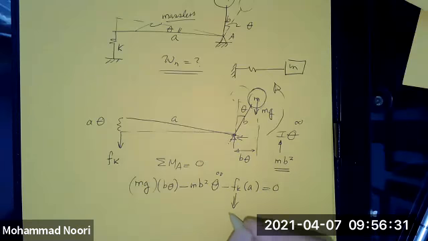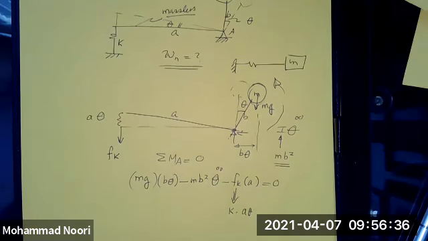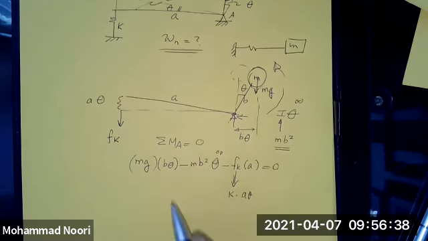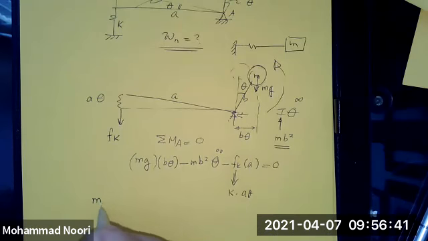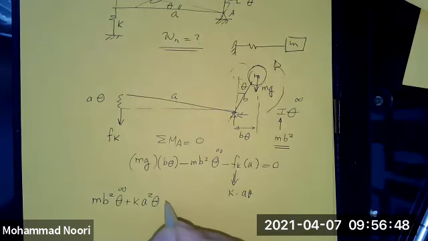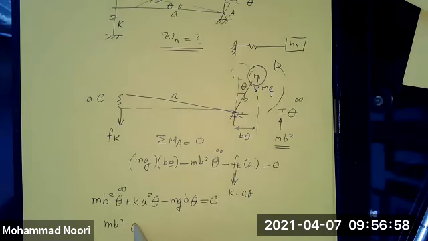F of k, again, would be k times a theta. Substitute for these in that equation and simplify, you get m b squared theta double dot plus k a squared theta minus m g b theta is equal to 0. Further simplifying, I get m b squared theta double dot plus (k a squared minus m g b) theta is equal to 0.